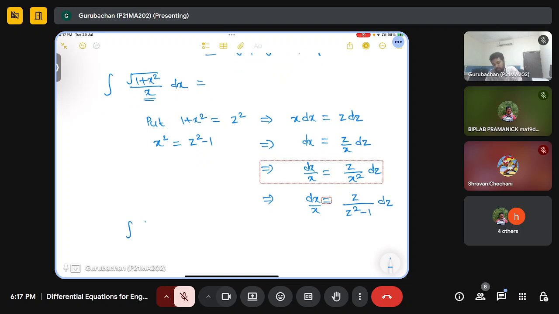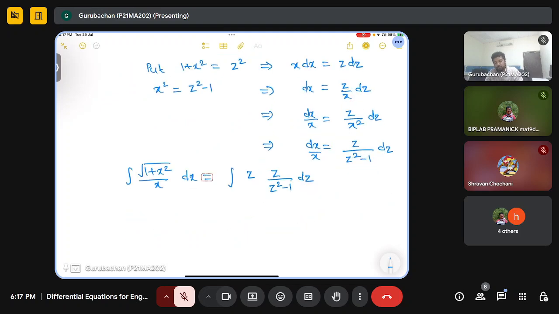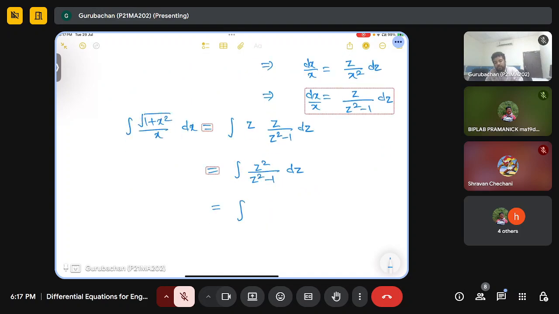So this integral will convert into the integral of z times dx by x. What is the value of this? Z, and dx by x will give you z by z square minus 1 dz. So this will give you z square divided by z square minus 1 dz. So I'm adding and subtracting 1.